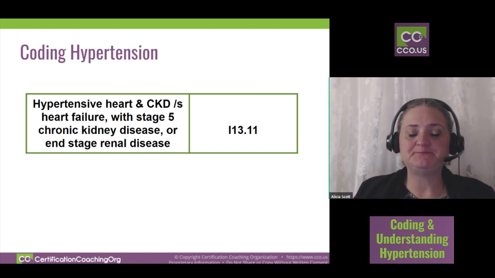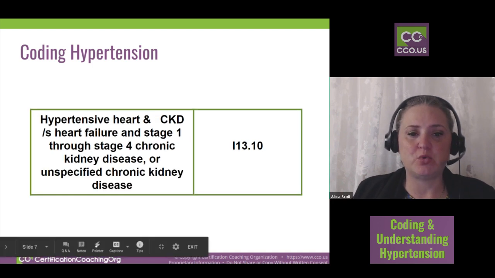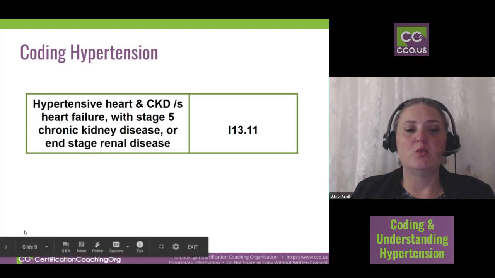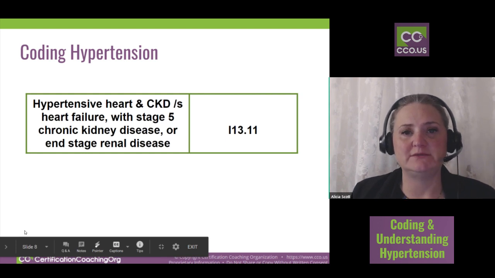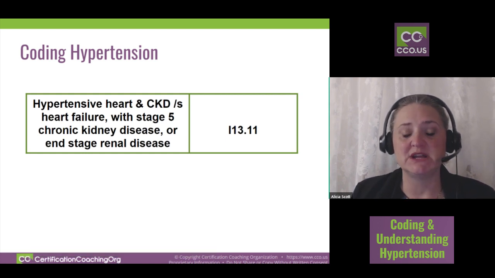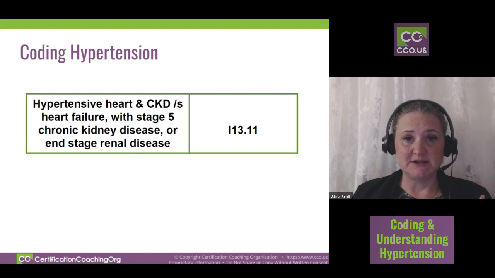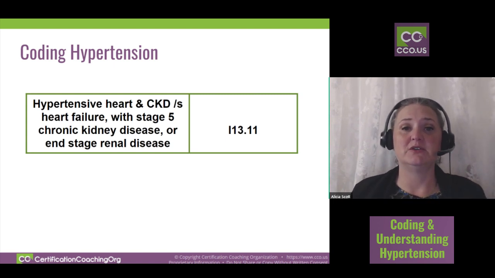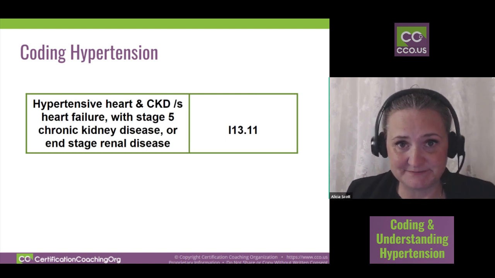What's the difference between 0.0 and 0.1? Go back. 0.0 is without heart failure. With heart failure, 0.11. Now, you don't have to have those memorized. What I want you to have memorized is I10 is plain old, good old American hypertension, right?